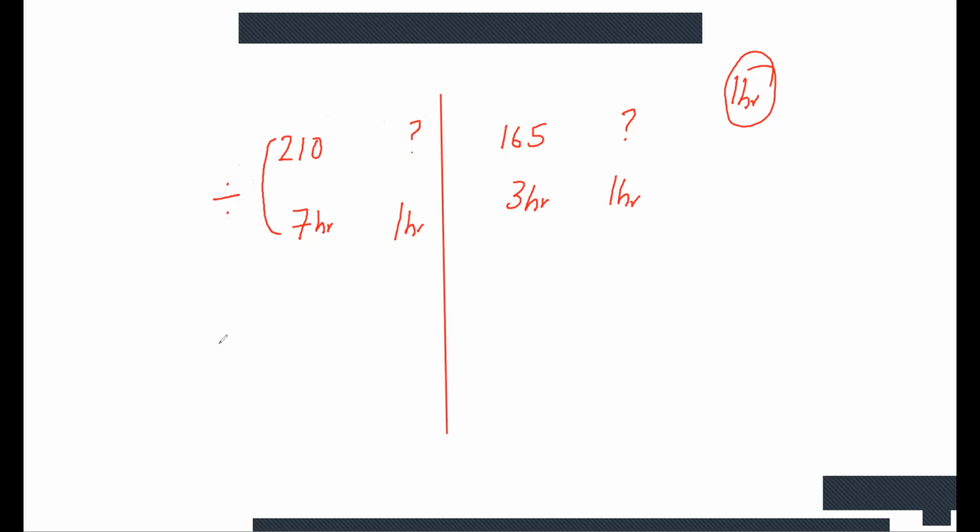And what should I write in the numerator? 210 over 7. And here? 165 over 3. Malak and Lean, you do the first one, 210 over 7. And Vatin, you do the second one, 165 over 3, and tell me the answer. Take pen and paper and do it.